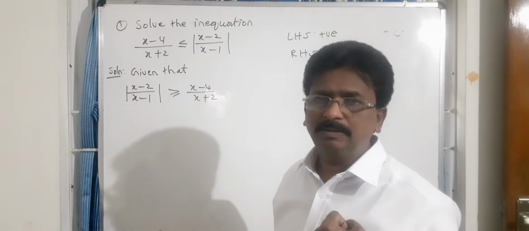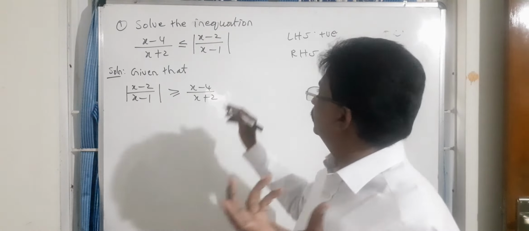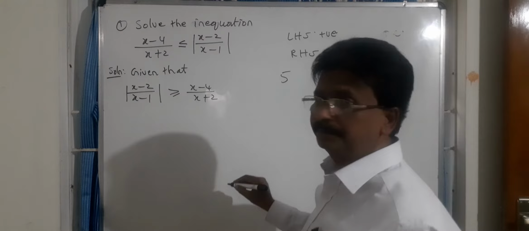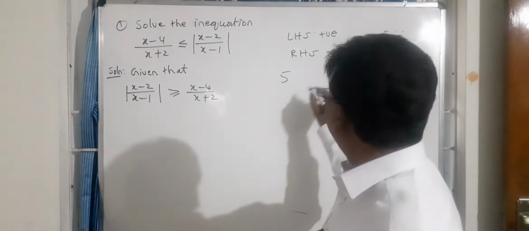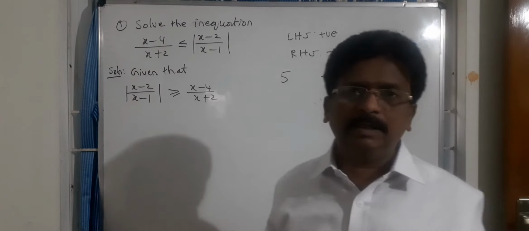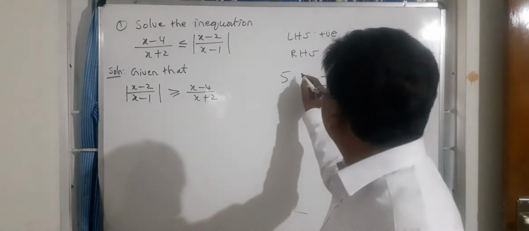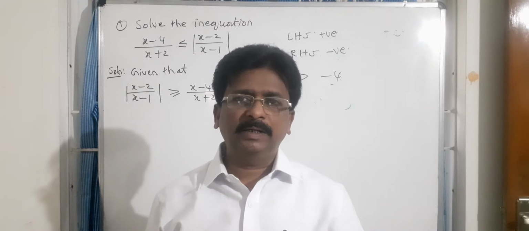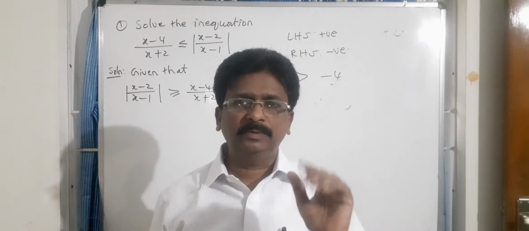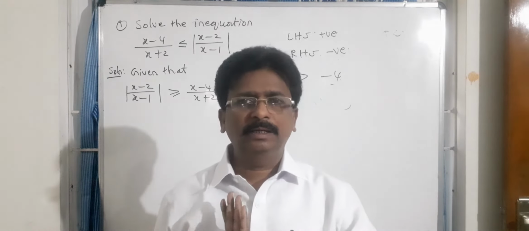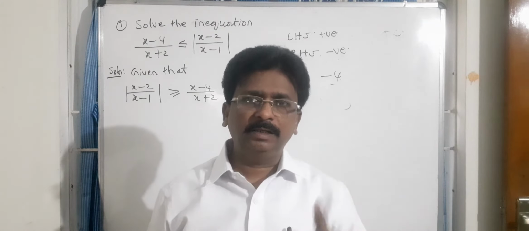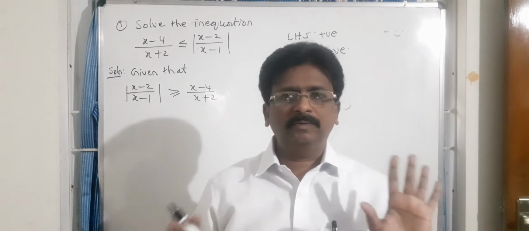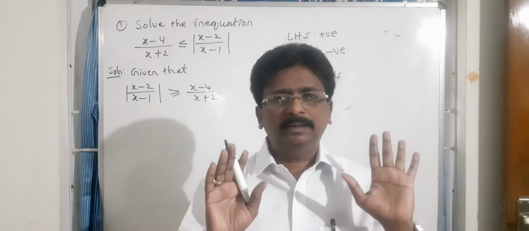Because LHS is positive, if you take any number for LHS, for example 5, and RHS any negative number you take, minus 4, you see which is greater, which is lesser. 5 is greater than minus 4. The inequation is satisfied. The inequation is satisfied means the LHS value is either greater than RHS or equal to RHS. Then only inequation is satisfied. So therefore we can assume the RHS value either negative or positive. In two cases we can split the problem.